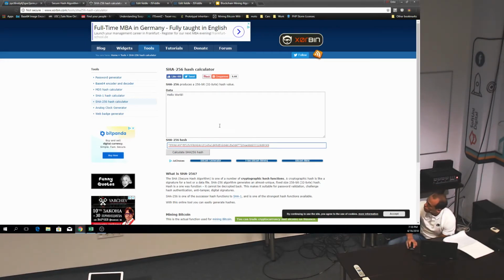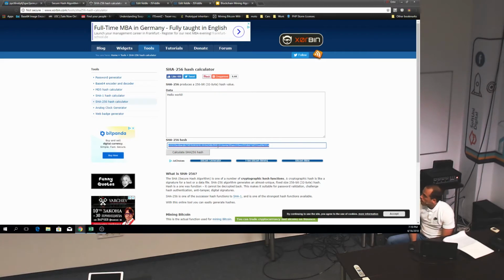If we change a simple letter, let's say I type this with a small w, we are going to see that the final result is totally different. In Bitcoin, the hashing algorithm actually applies SHA-256 twice. We have double SHA-256 applied on the input that we have.